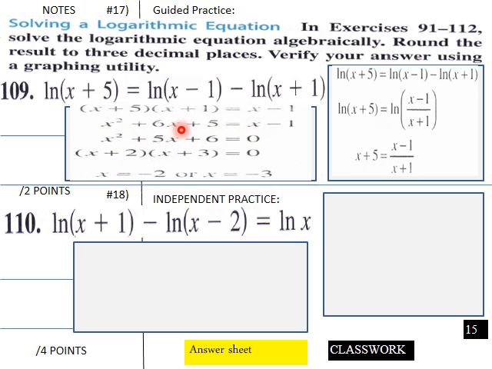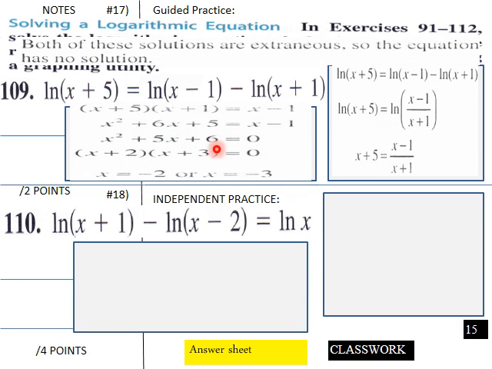Then we factor it out, and we have x equals negative 2 or x equals negative 3. So those are our solutions for that. Both of these solutions are extraneous, so the equation has no solution. When you graph this, you'll find that neither one of these will be a solution. So that would be a way to do it.